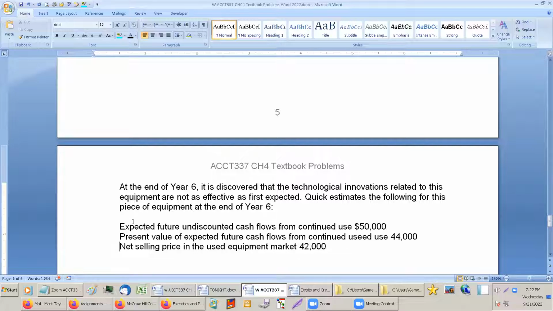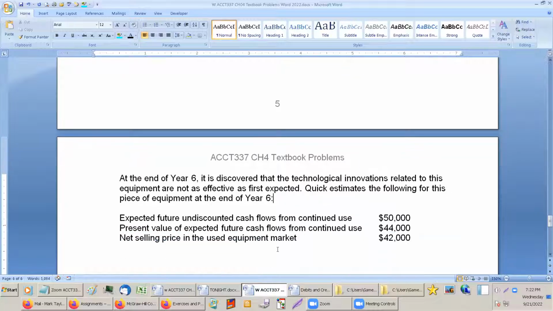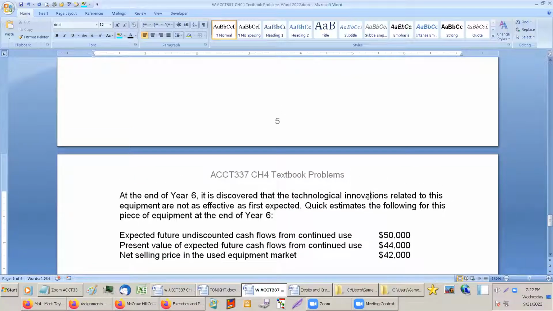We get to year 6. And year 6 is, we discover the technological innovations related to this equipment are not as effective as first expected. You know where some of this came about recently? Streaming services. Like 2 years ago, everybody was doing streaming, like everything was going to be streaming.